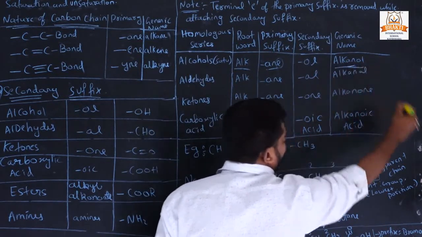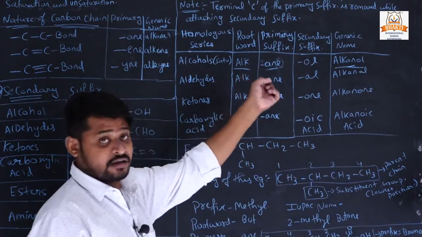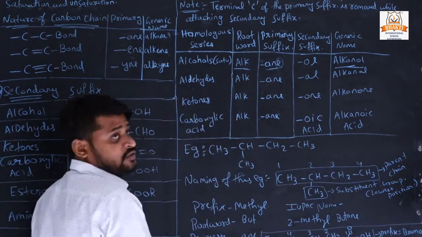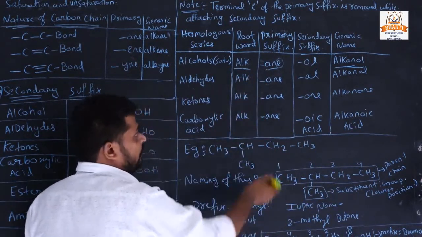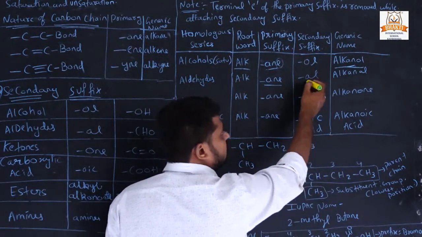Then the generic name of alcohol is alkanol. Like this, aldehyde is also from the alkyl group, the primary suffix is ane, and the secondary suffix for aldehyde is al.